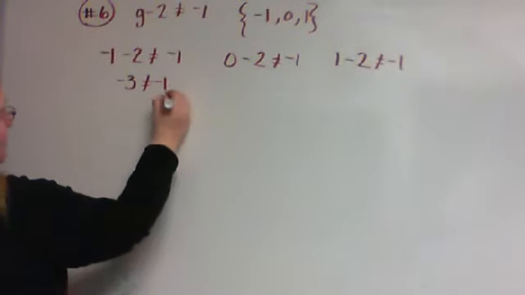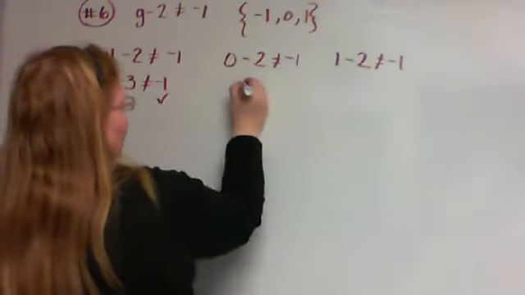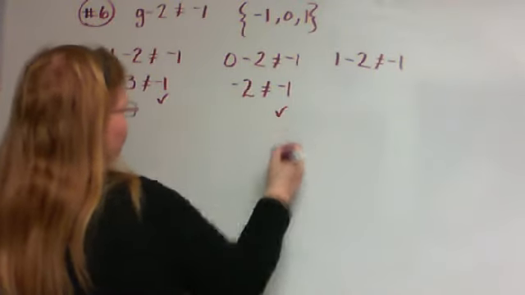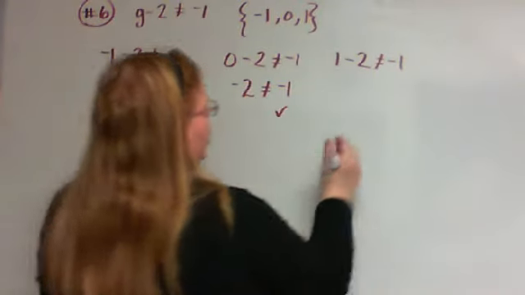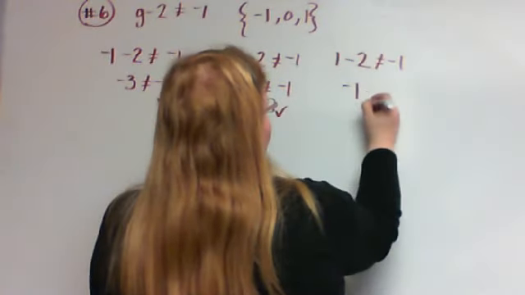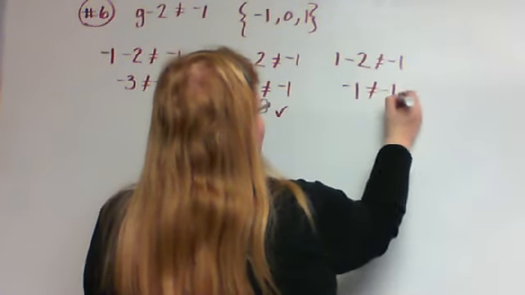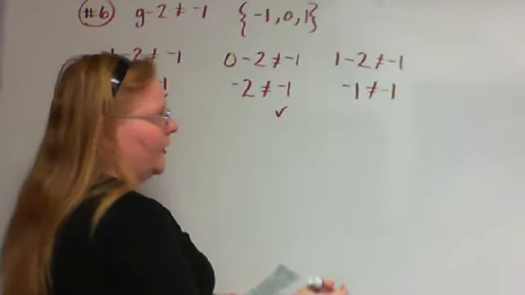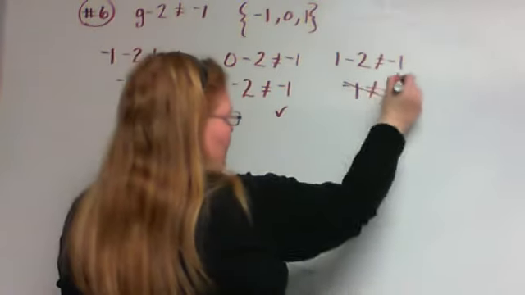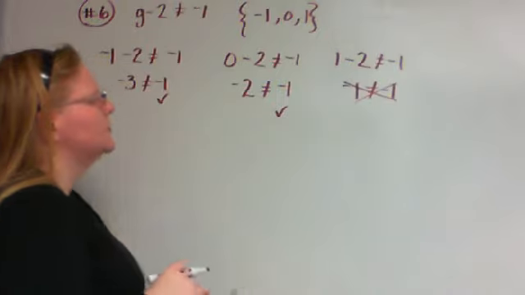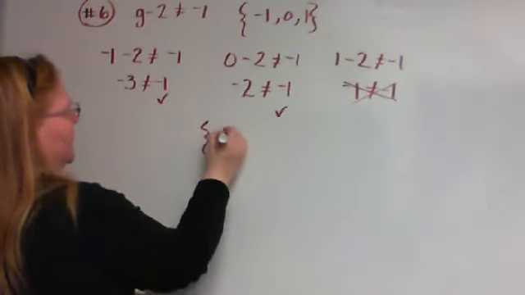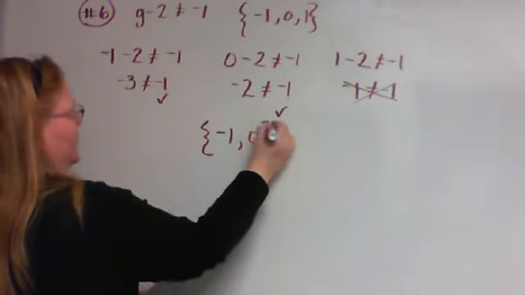Well, that's true. This one gives me negative 2 is not equal to negative 1. That's true too. They're not equal. This one gives me negative 1 is not equal to negative 1. Well, negative 1 is equal to negative 1. So it can't be not equal and equal at the same time. So that's going to be wrong. Which makes my solution set negative 1 and 0.